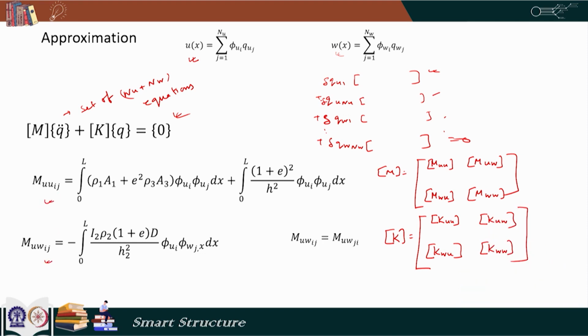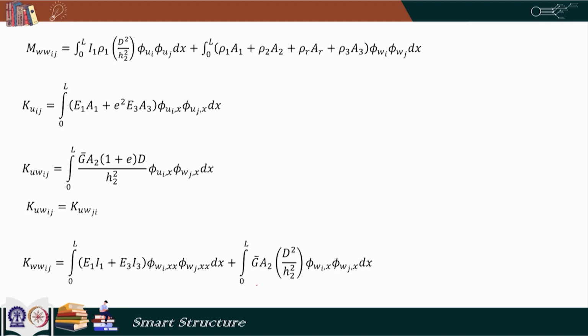We can just look into the variational formulation and we can figure out the kind of forms these matrix elements take. So, this is M W W. Similarly, these are the elements of the stiffness matrix.